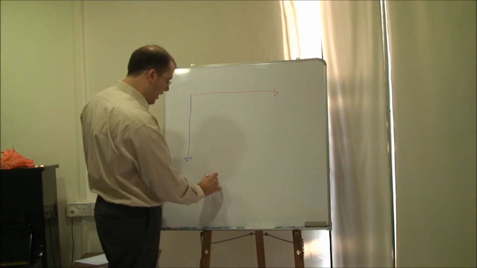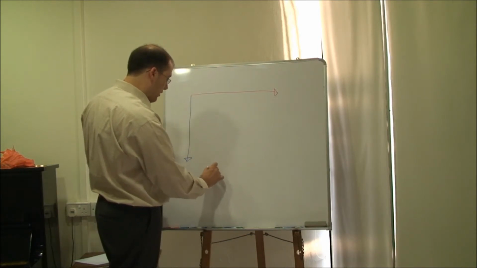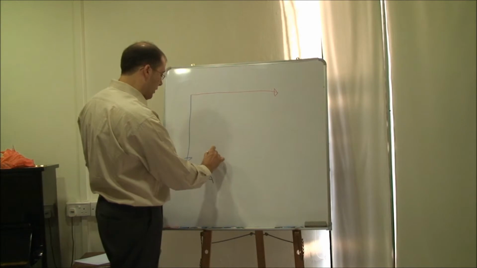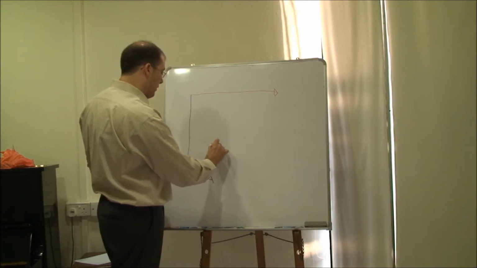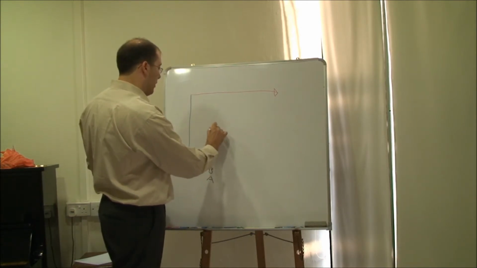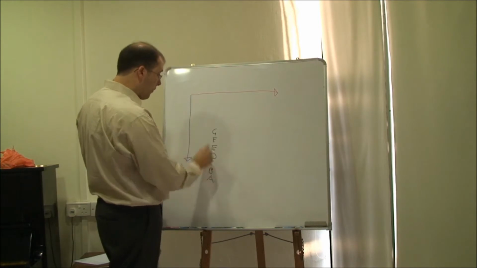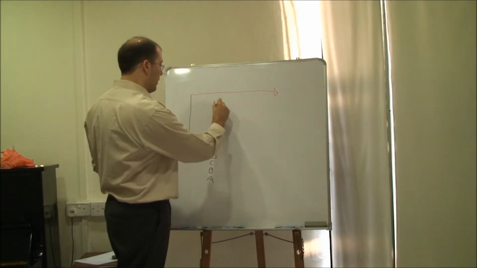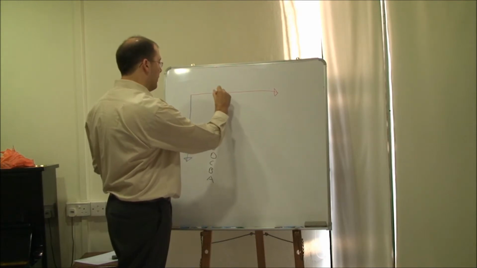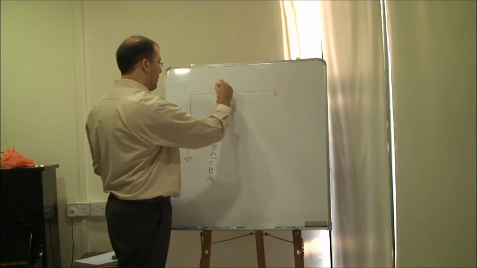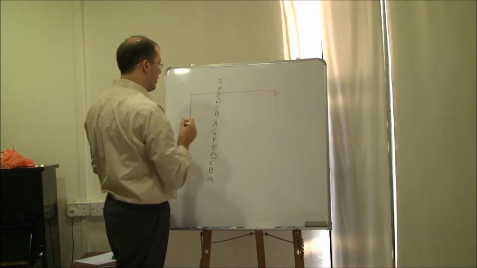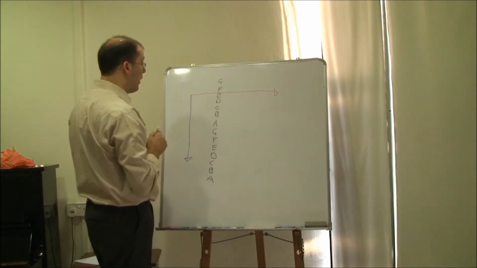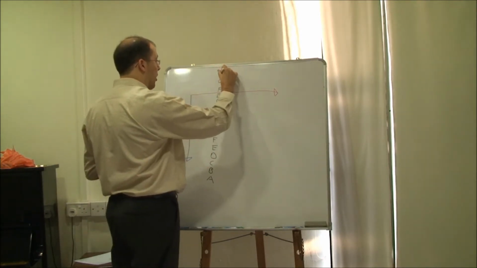I'll just start at A, B, C, D, E, F, G, and then once we've gotten up to G, we start again. A, B, C, D, E, and so forth. F, G. And then, obviously, we'll carry on.